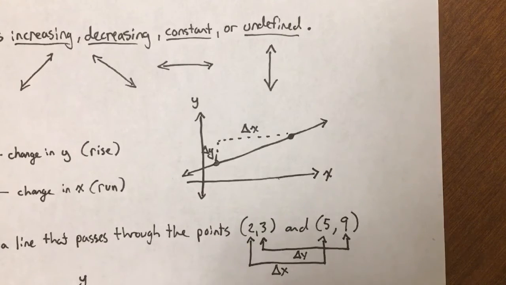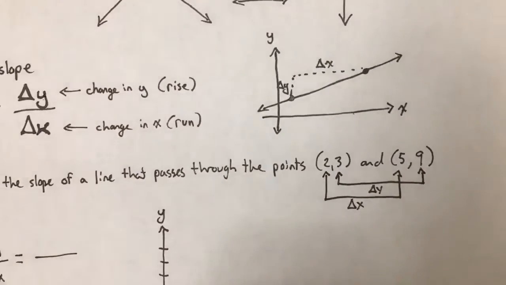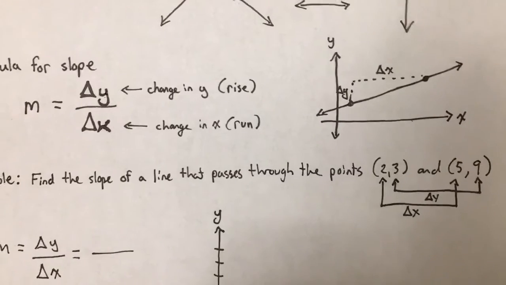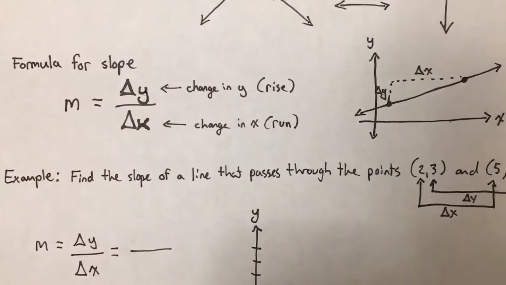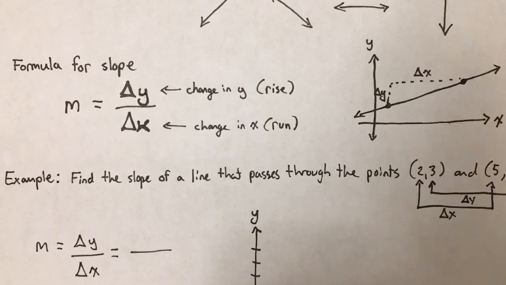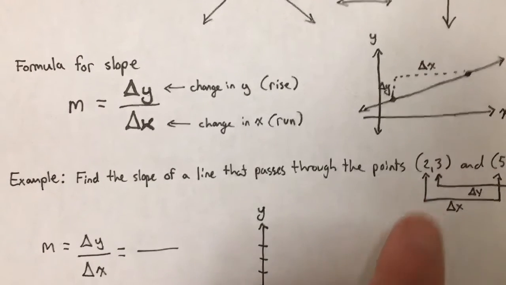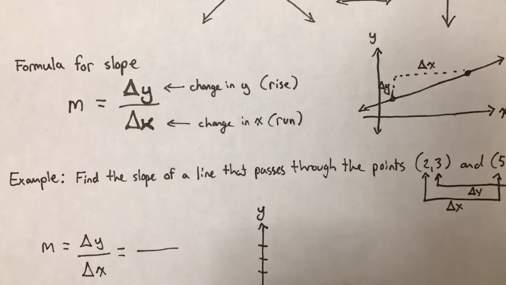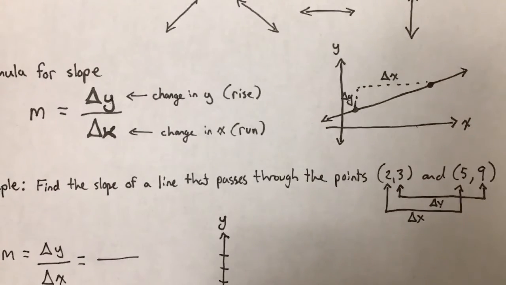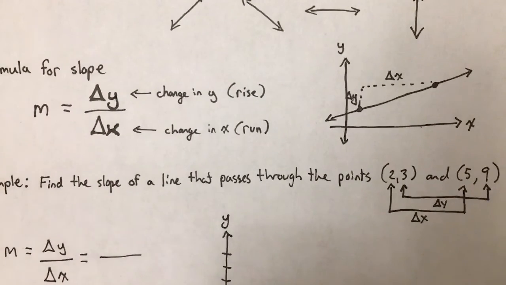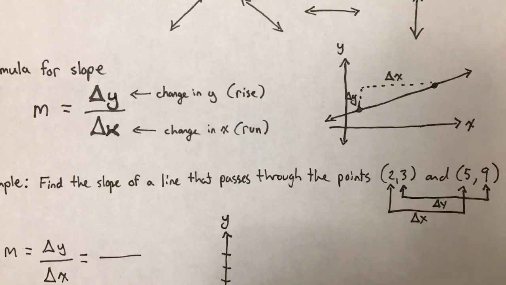Let's take a look at an example of a problem now. So in this example, what we're going to be doing is we are going to find the slope of a line that passes through the points (2, 3) and (5, 9). Let me fix my paper. There you go. So we're going to find the slope between these 2 points.